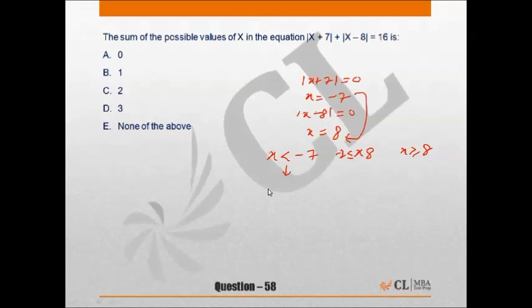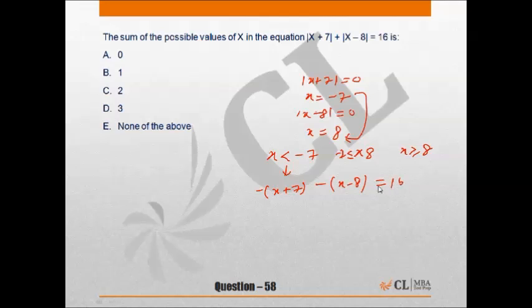Let's come to the first case. When x is less than minus 7, in this case mod of x plus 7 will be equal to minus x plus 7, and mod of x minus 8 will be equal to minus x minus 8.